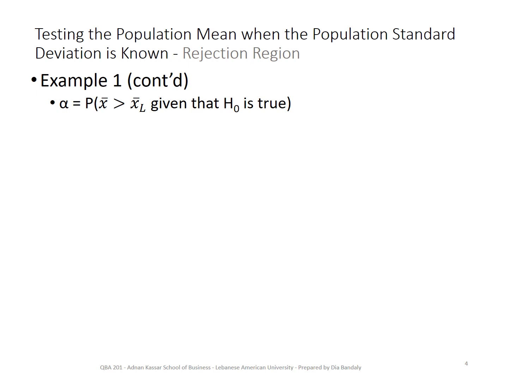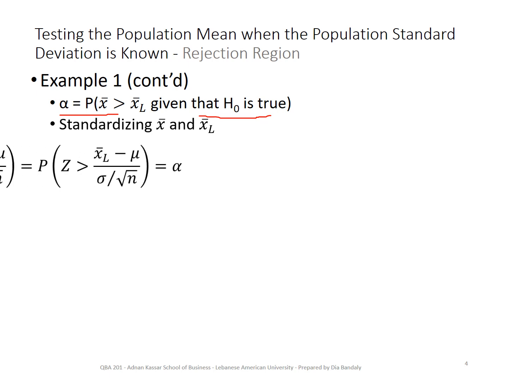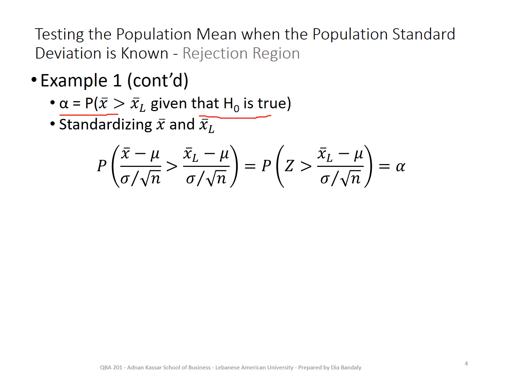All right, so we ended the previous slide with that equation, this relationship between alpha and the probability. Alpha is the probability that X bar is greater than X bar L given that H0 is true. So what do I do next? We standardize as we did before. In each side of the inequality, I will subtract mu and divide by the standard deviation.